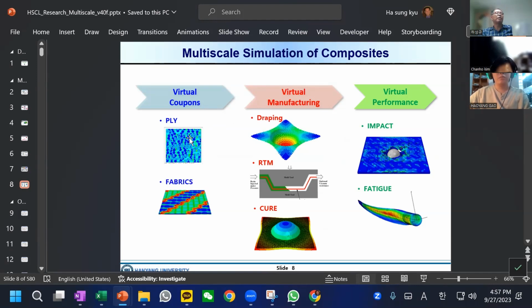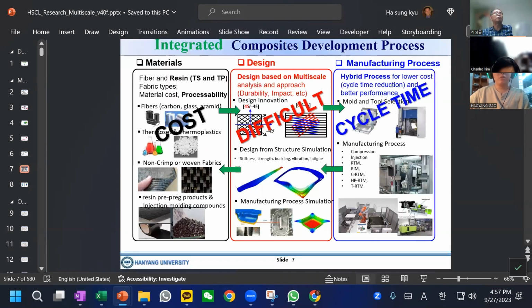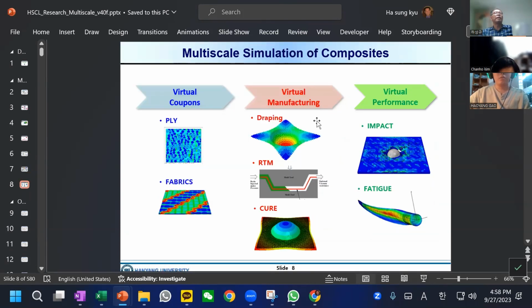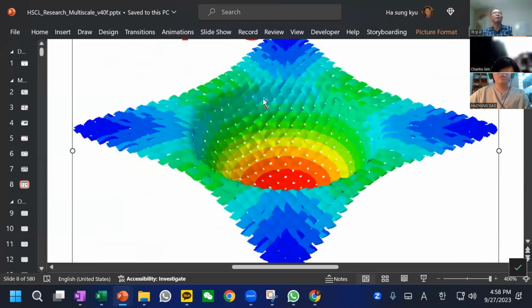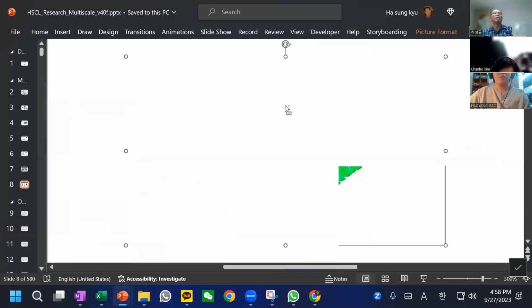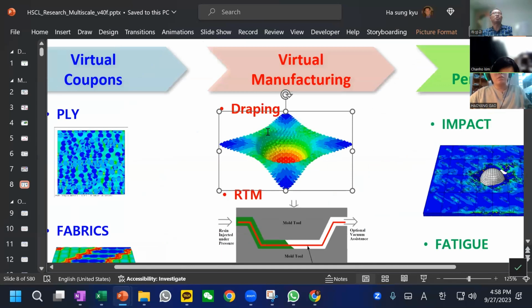Now you could have a better understanding of what we mean by the ply, what we mean by the fiber and resin, and what we mean by the fabrics and each tow. Virtual manufacturing means that, using this material and through design, you have to manufacture. But manufacturing changes the form of the composite, like the draping. As you can see, all the tow angles are changed. That used to be 0 and 90, but depending on the form, it changes.